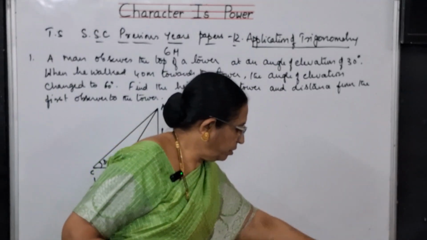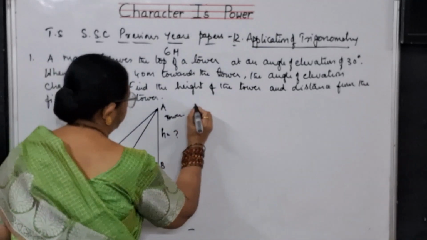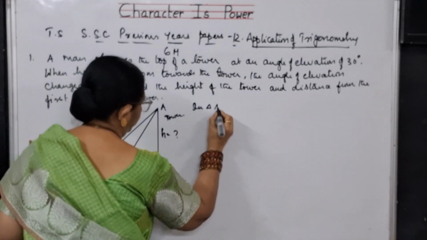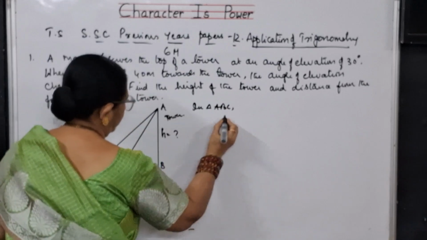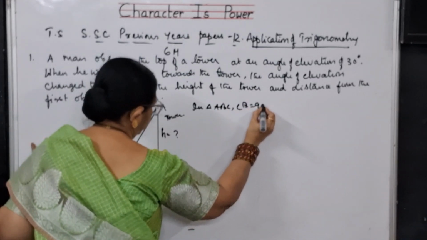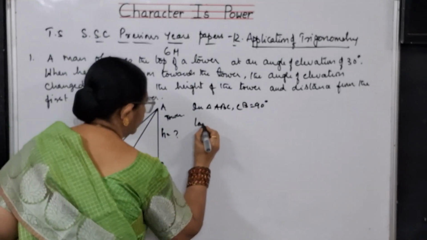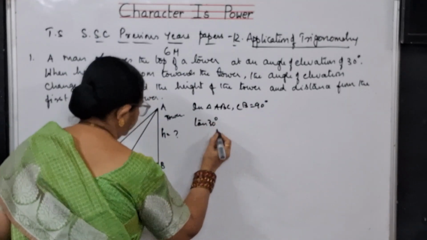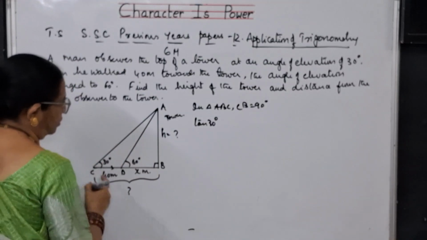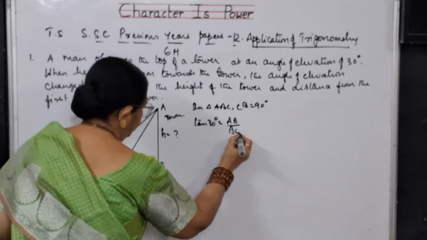Now, when you talk about triangle ABC, in triangle ABC, angle B is equal to 90 degrees. So in this, tan 30 degrees is equal to AB by BC.